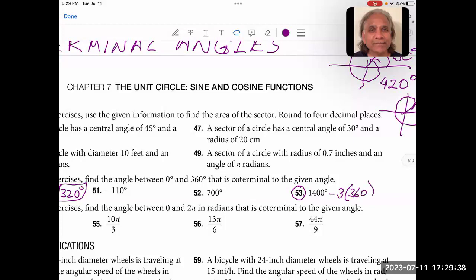And you can do this on your calculator. Just start with 1400 and subtract 360, subtract 360 again. Keep doing it until you get an angle between 0 and 360. And this actually comes out to 320 degrees. So that's the answer for number 53.